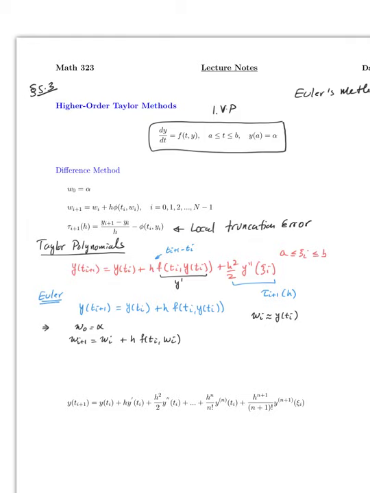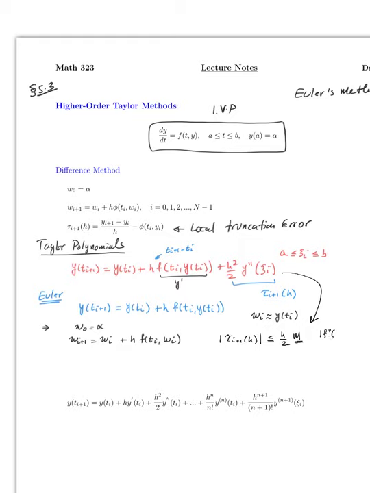Notice here the local truncation error in absolute value is less than or equal to h over 2 times M, where M is the bound for the second derivative.